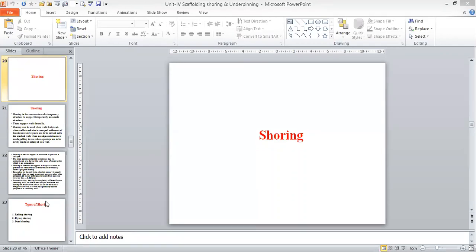The third is cantilever scaffolding. Here no vertical support is provided on the ground floor. Previously, in single or double scaffolding, the entire vertical support, the standards, was erected on the ground level and fixed to give rigidity to the platform.